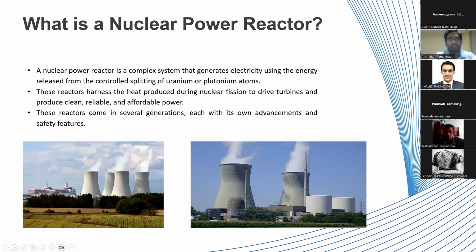Also, there are fusion reactors, but it's still in the research process. So the thermal energy is then used by the turbines, and it's converted into the electrical energy. The reactors itself have their own advancement over the years, and that is what we are going to learn today. Next slide.